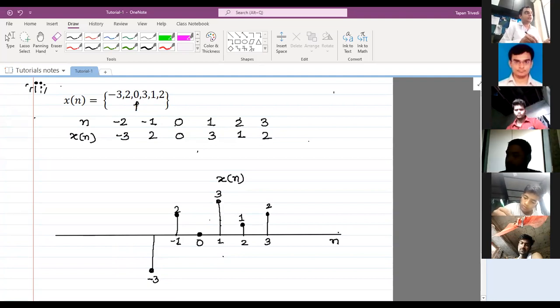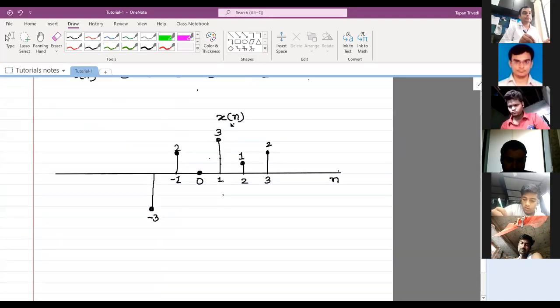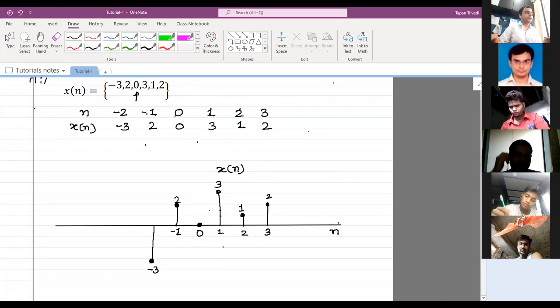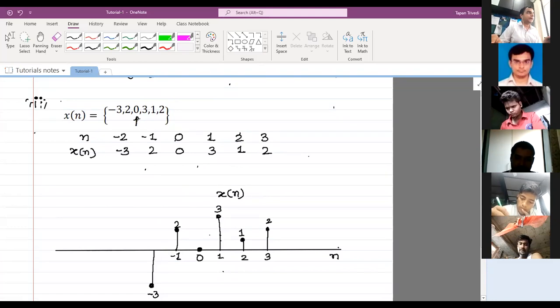So you will get 0, 1, 2, 3. Similarly, on the left hand side, you will get -1, -2, -3, and so on. So first of all, define the 0th instant and write the value of that instant. So it is 0 in this case.